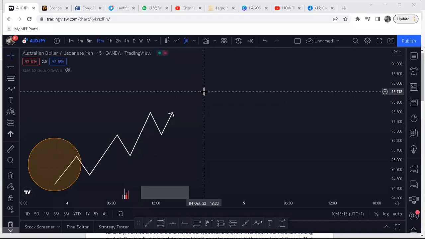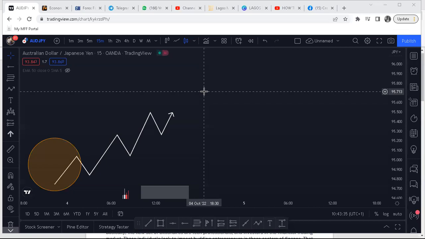Vice versa, a downtrend is not complete until a lower low is formed. Why am I using the highs and the lows? Because an uptrend can give us a lower low, still a higher high, and it remains an uptrend.